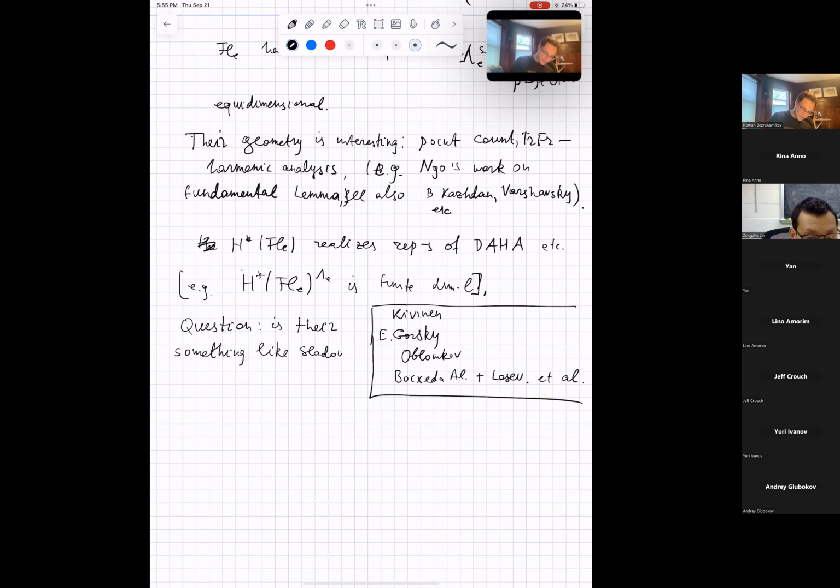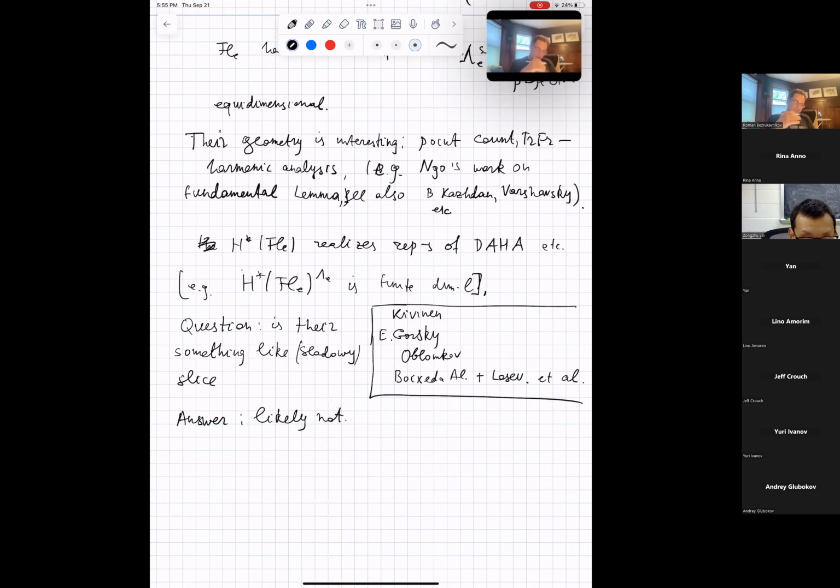The answer is probably not. It's not a theorem, but one indication is the existence of something quite like the Springer, this Slodowy slice.